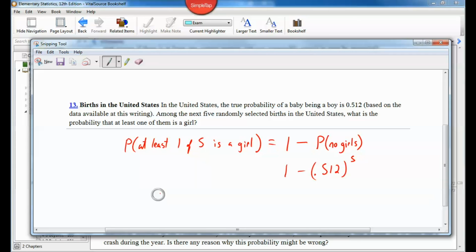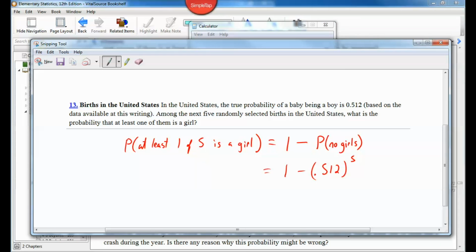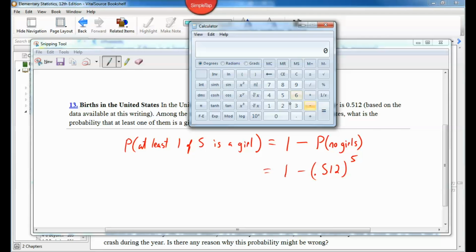I just didn't actually write out the slots and say 0.512 each time. 1 minus will give us the probability that at least one of the 5 is a girl. So this part right here is the probability of having 5 boys in 5 births. So 1 minus this will give us the probability of at least one girl.